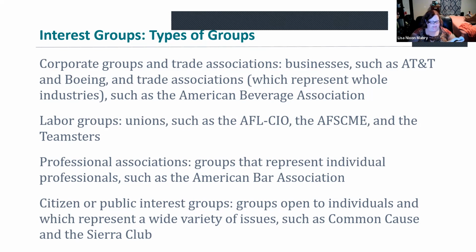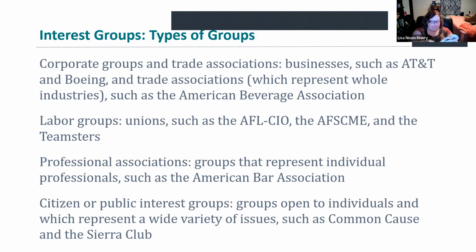Corporations commonly form trade associations with other businesses in their economic sector, like the American Beverage Association or the American Fuel and Petrochemical Manufacturers. They may join broader groups as well, like the U.S. Chamber of Commerce, which represents many types of businesses, and the National Federation of Independent Businesses, which represents small businesses.